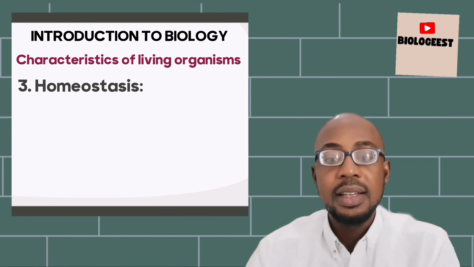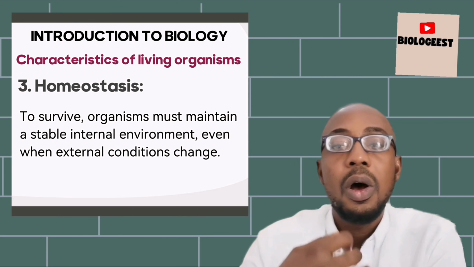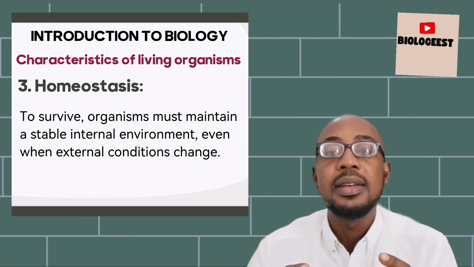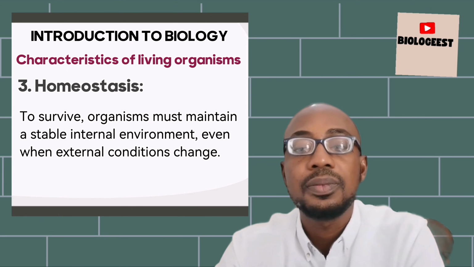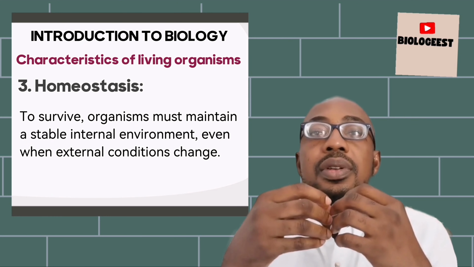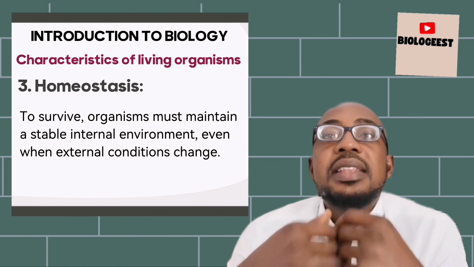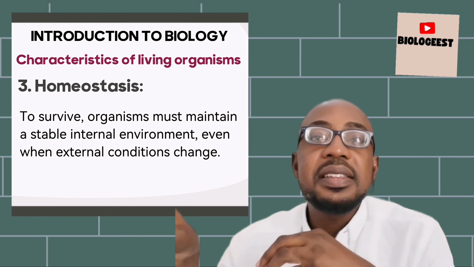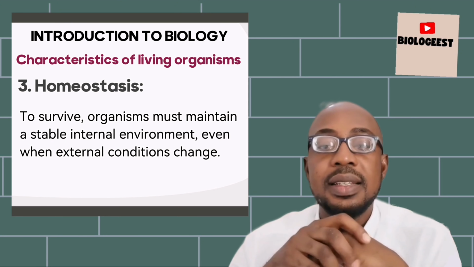The third characteristic is homeostasis. To survive, organisms must maintain a stable internal environment even when external conditions change. This process, whereby an organism tries to maintain a balanced internal condition notwithstanding external conditions, is known as homeostasis.